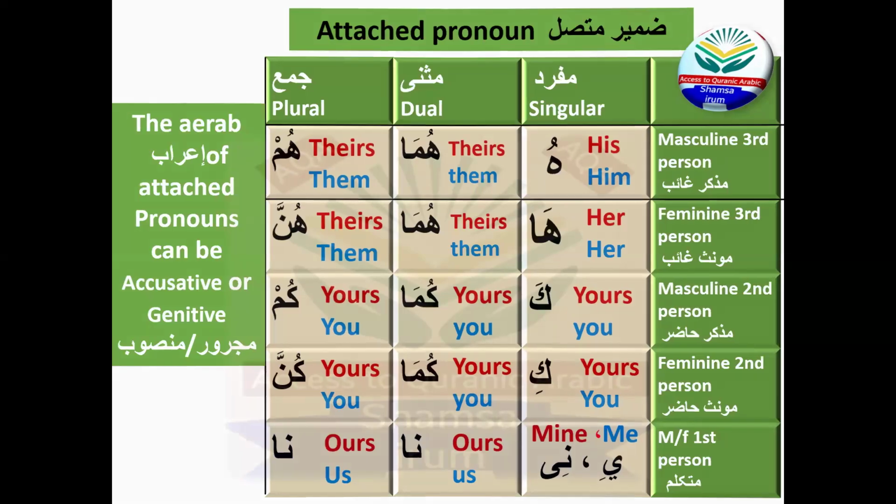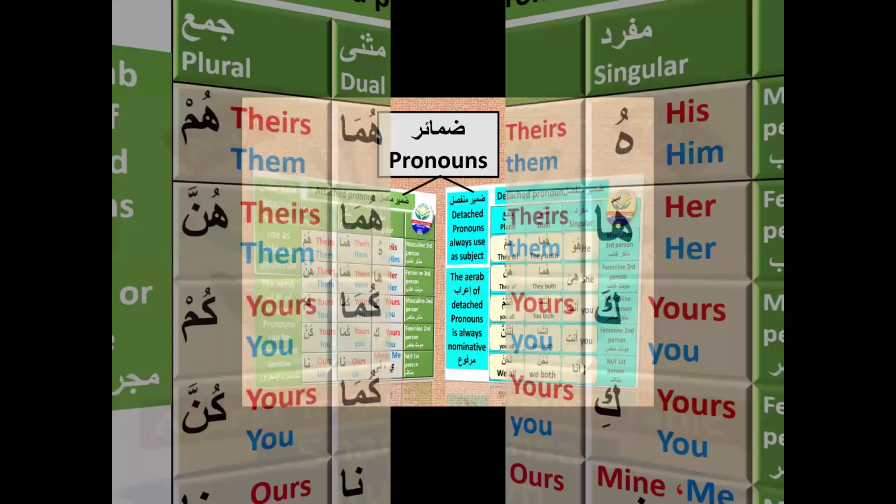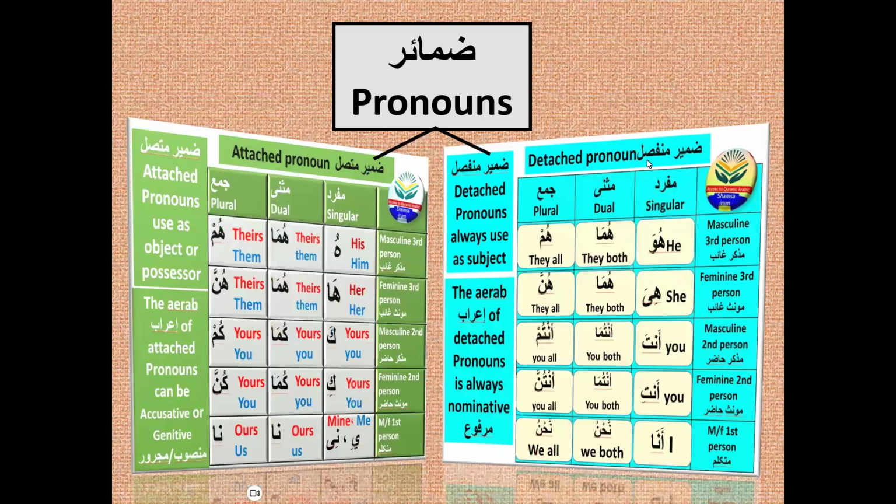So there are two charts: zamir munfasil and zamir mutasil, detached pronouns and attached pronouns. There is a chart for both of these, with the meanings.